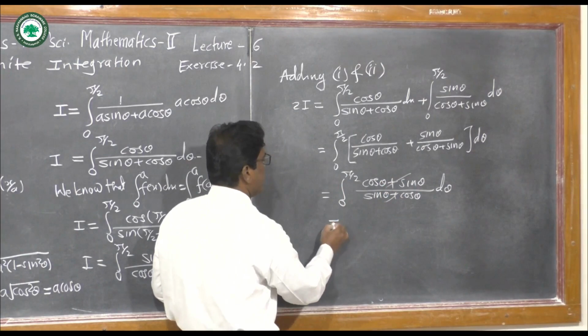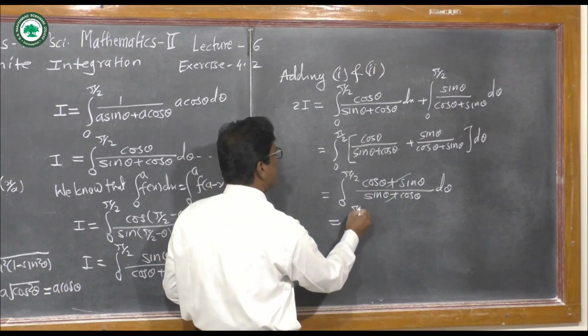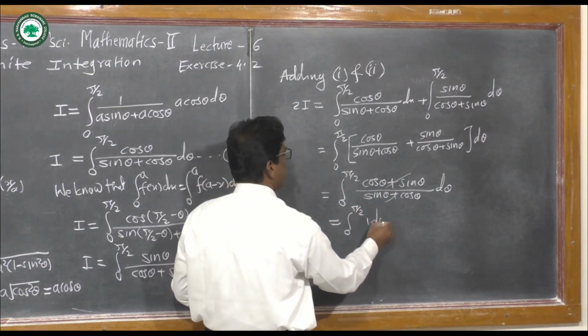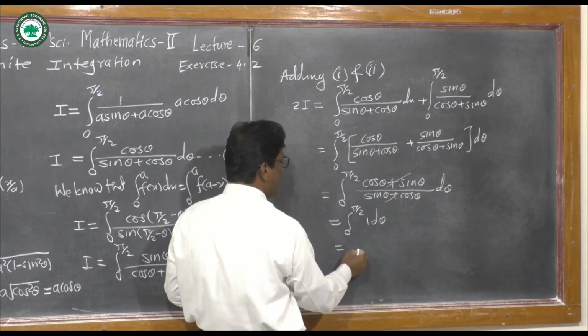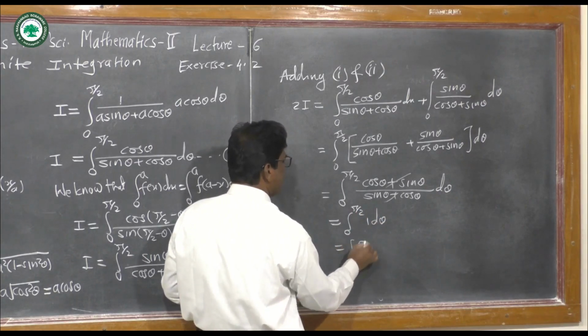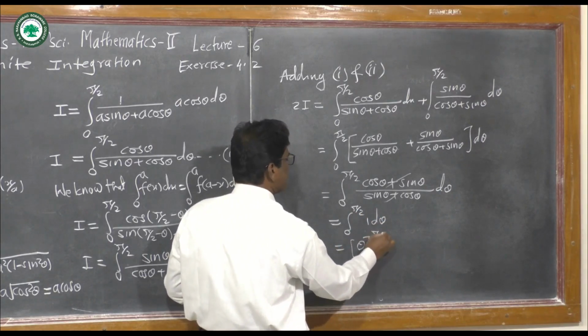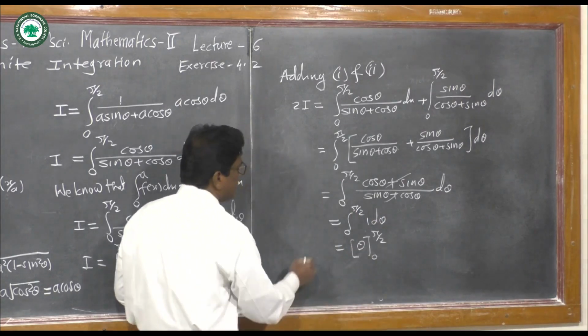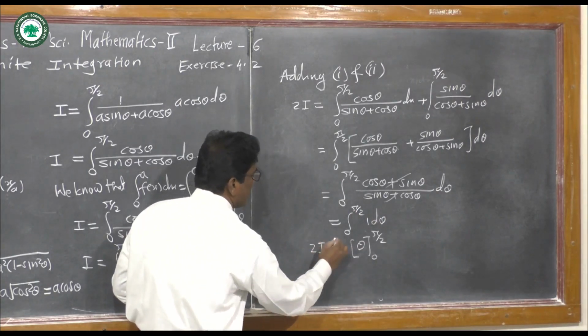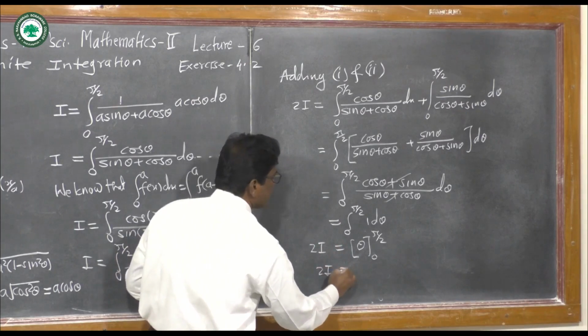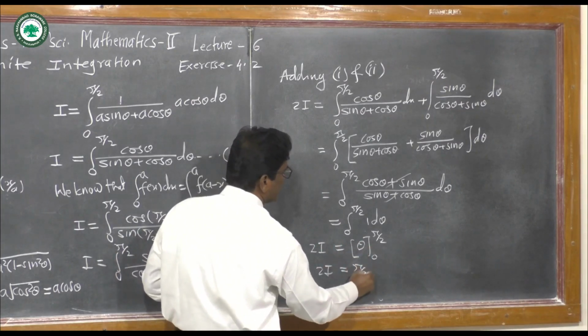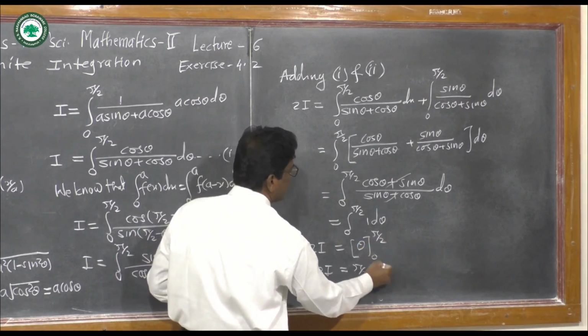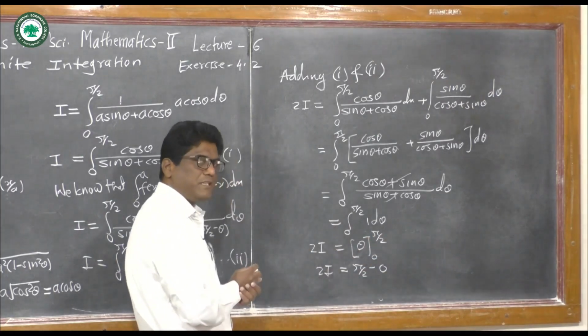And so we get integration 0 to pi by 2 of 1 d theta, and the integration of 1 we know is theta, from 0 to pi by 2. On the left hand side 2I, so 2I is equal to pi by 2 minus 0, which means on the right hand side we get pi by 2.